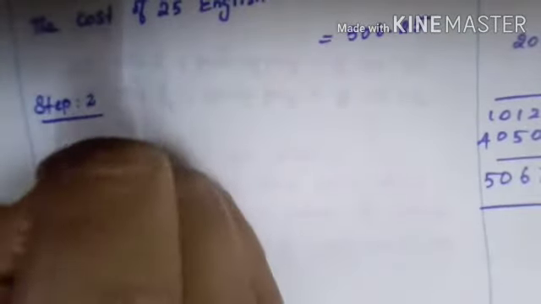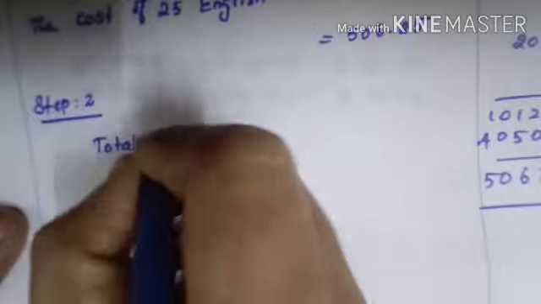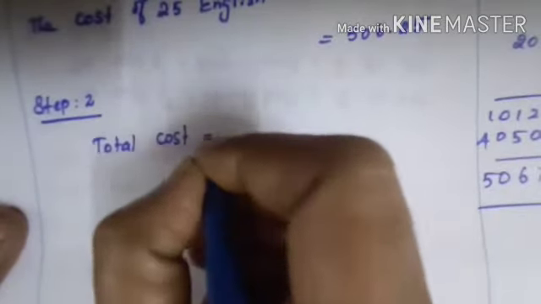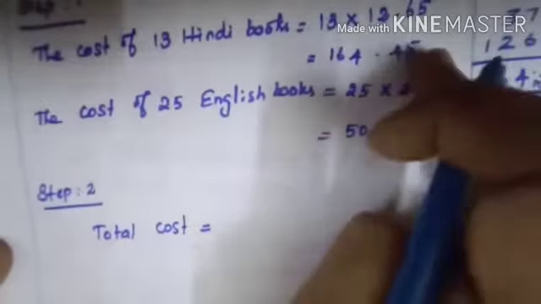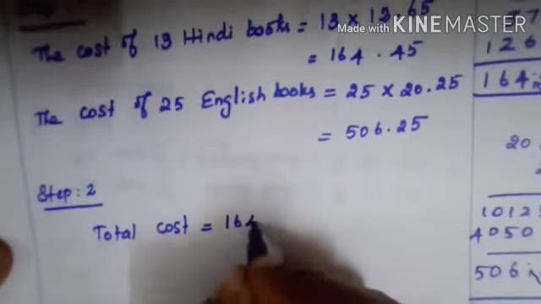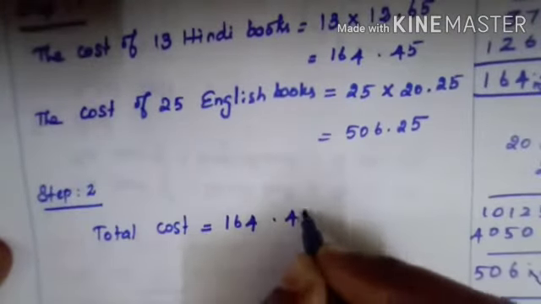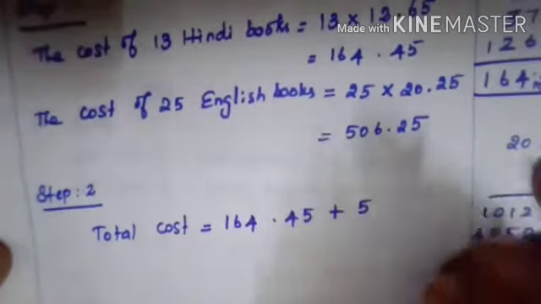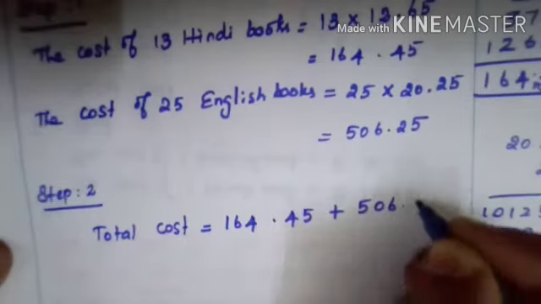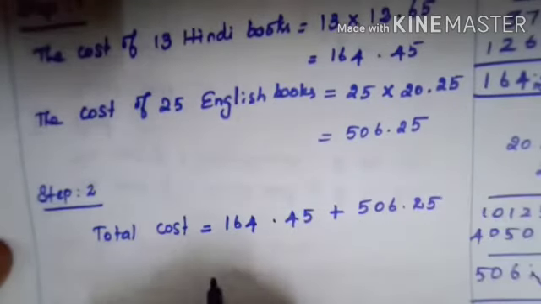Step 2. Total cost you have to pay is equal to the cost of Hindi books 164.45 plus the cost of English books 506.25.